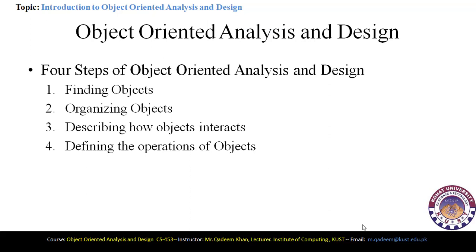Now, object-oriented analysis and design. When we perform object-oriented analysis and design, we have to pass through these four different steps. These four different steps are used for object-oriented analysis and designing. The first one is called finding the objects, in which we will find out different objects of the user problem.